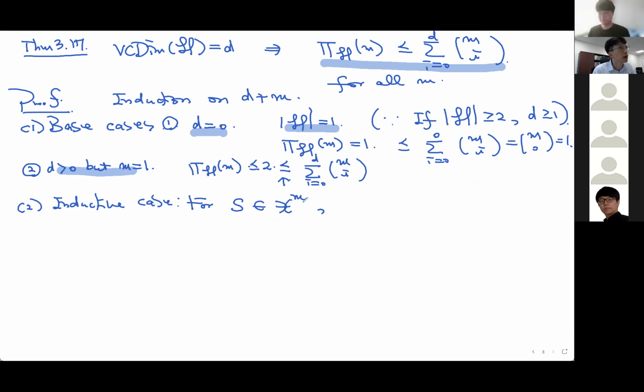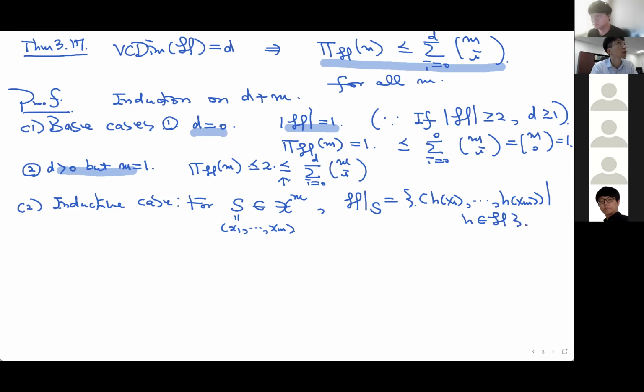Because it's a sequence, we have x1 to xm. H restricted to S means just a vector of size m, which we obtain by applying h to every element, for some h in H.